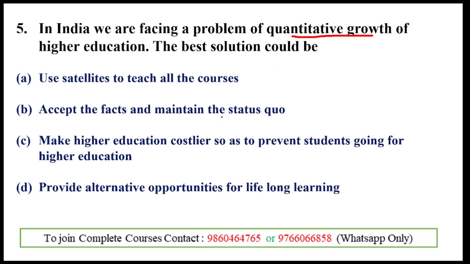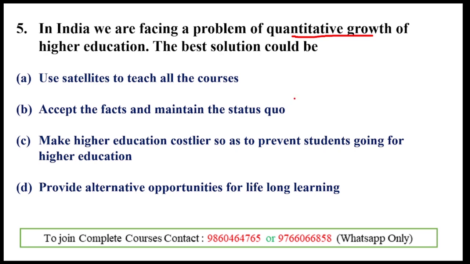Okay, so for this problem, we know that the growth is only in quantity, meaning the students are more oriented toward the marks system, not toward quality. They are not bothered about the quality of the program or the course. So, to provide them the opportunity for lifelong learning.